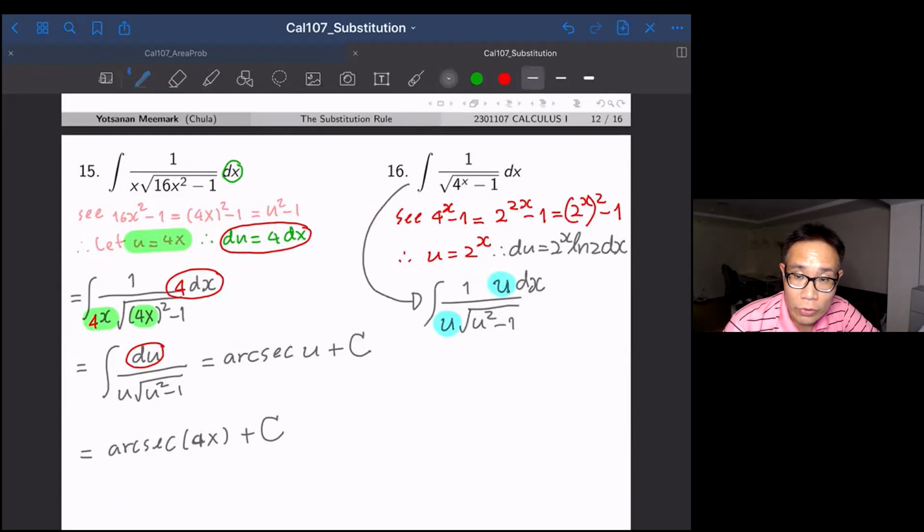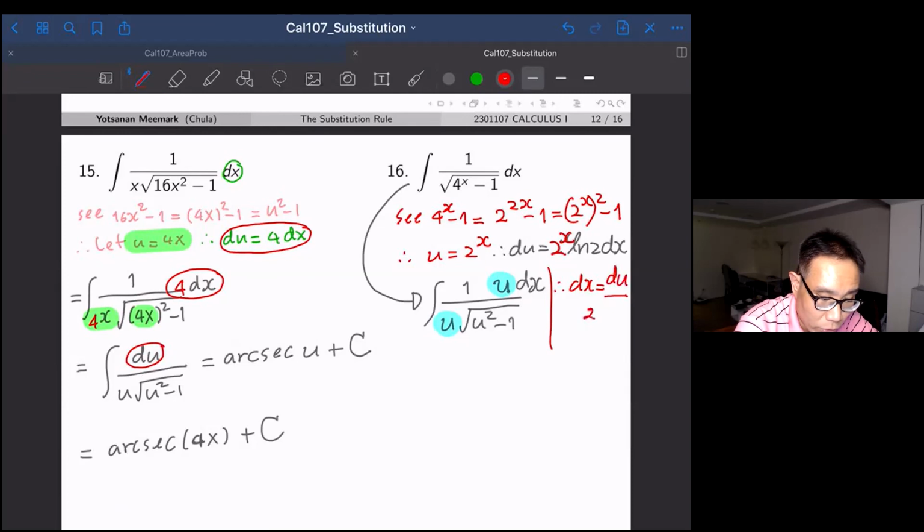Okay, so it seems nice, but you have to notice also that 2 to the x is equal to u, right? So you solve for dx, and it is going to be dx equal to du over 2 to the x log 2.